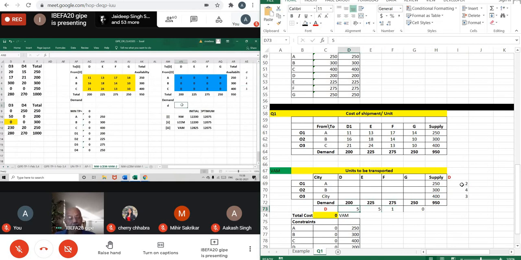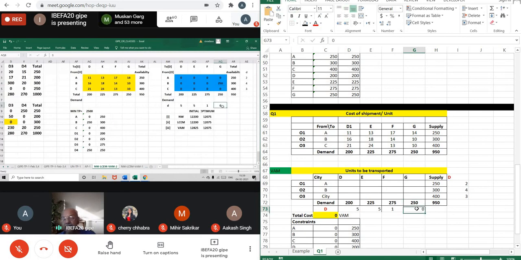Here, 5, 5, 1, and 0. So, in this direction minimum is 10. I have selected this 10. Any 10 you can choose. So 250.